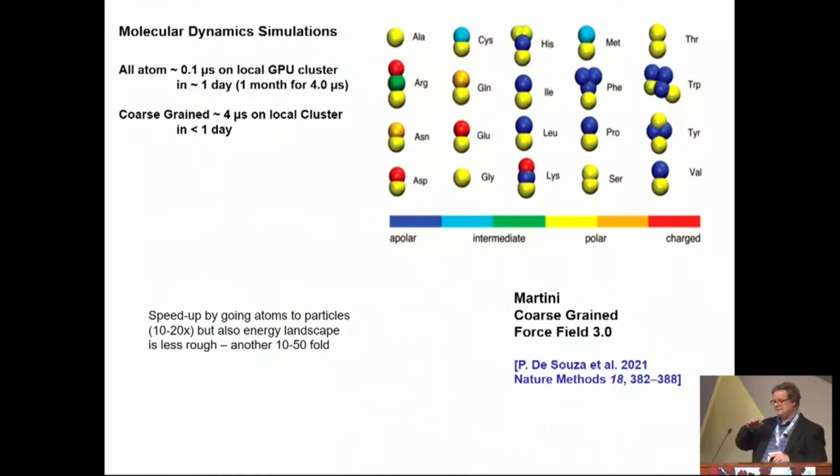But also the energy landscape is somewhat more smooth, so there's another acceleration factor of 10 to 50-fold. So overall, these simulations run orders of magnitude faster than the all-atom ones.